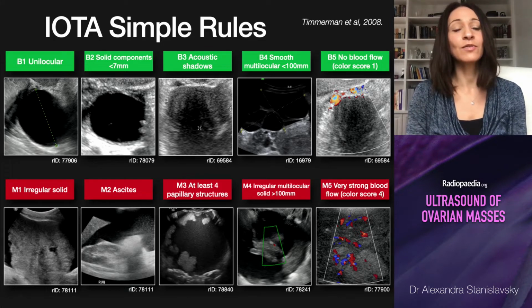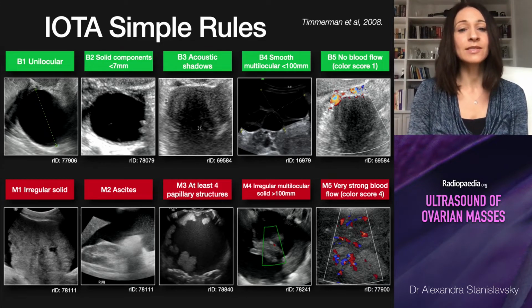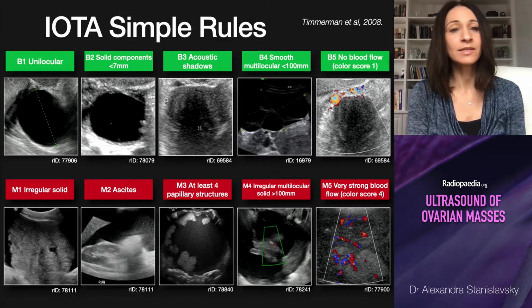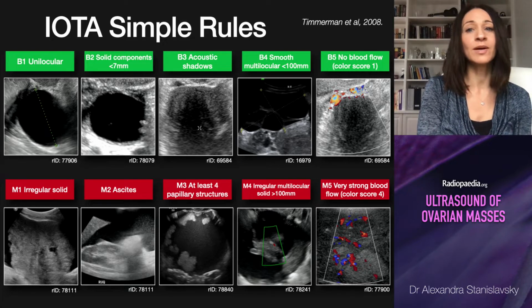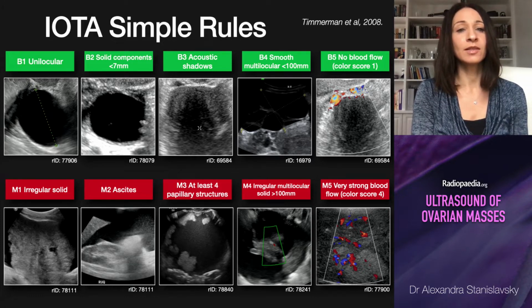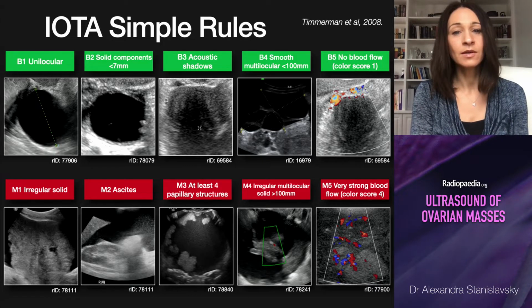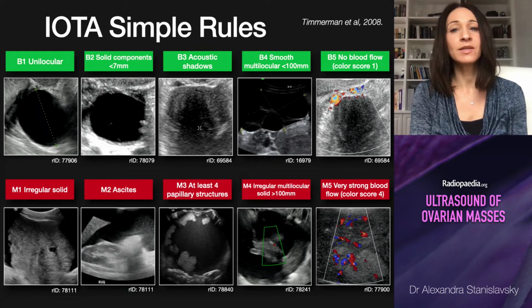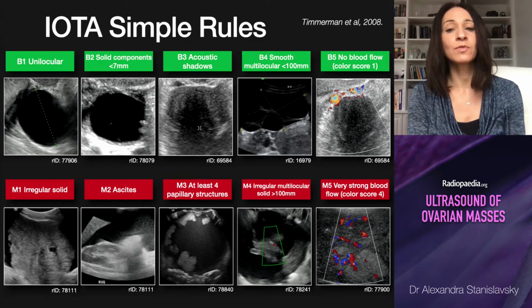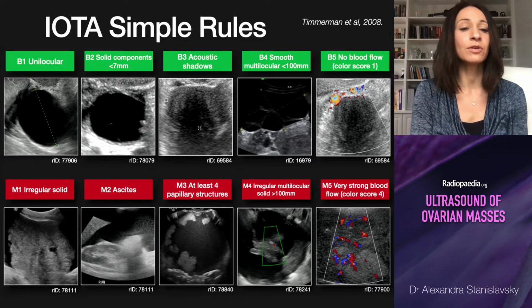So here's the outline of the IOTA Simple Rules. And you can see, as we mentioned previously, that there is a series of benign characteristics labelled from B1 to B5, and they are a unilocular tumour, a tumour with solid components, all of which are less than 7 millimetres in size, the presence of acoustic shadows, a smooth multilocular tumour that is less than 10 centimetres in size, and a tumour with no blood flow, colour score 1, and I will go through the colour scoring system a little bit later on.